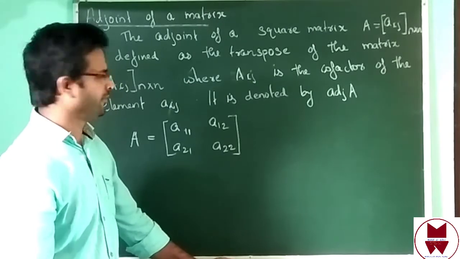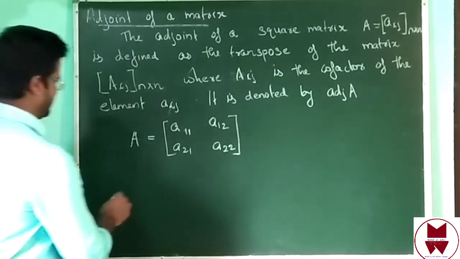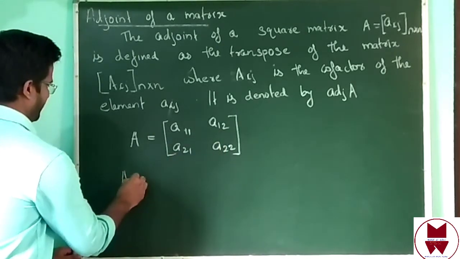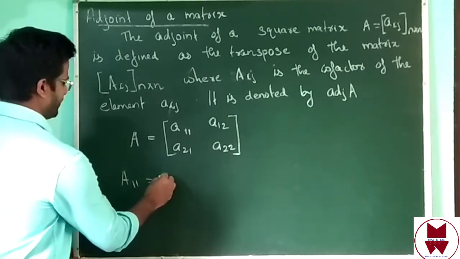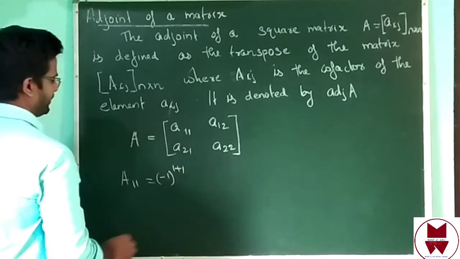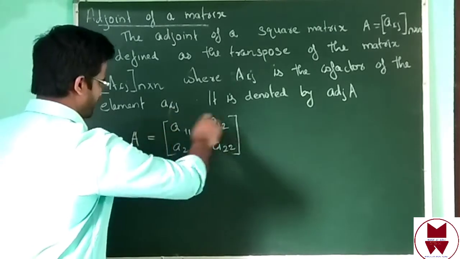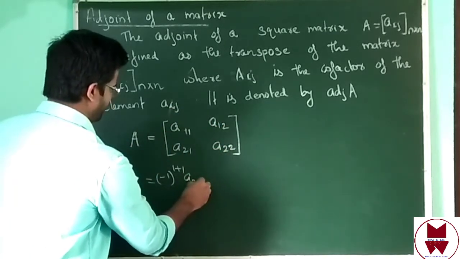Then how can we find the adjoint of this matrix? First we find all the cofactors. A11 means minus 1 all raised to 1 plus 1. If you take A11, just leave the first row and first column, then the remaining element is a22.